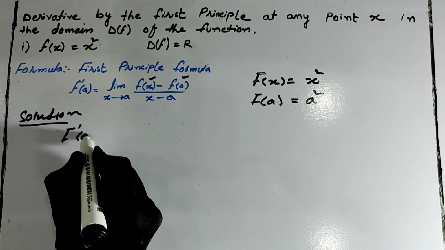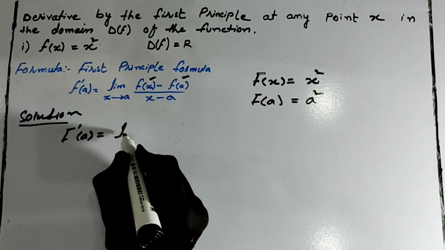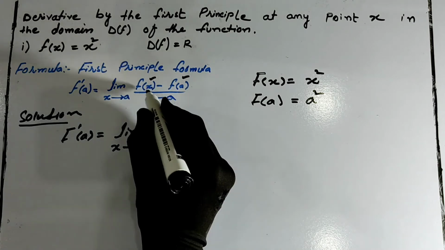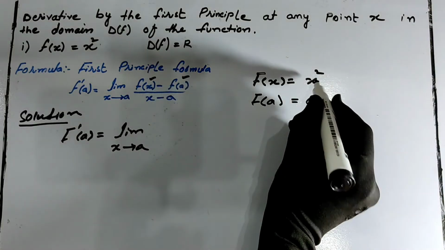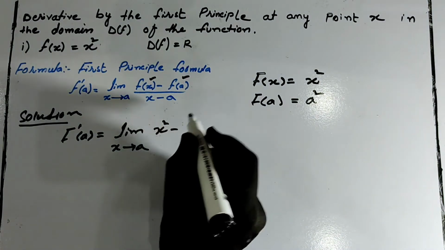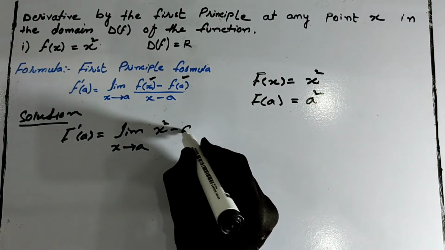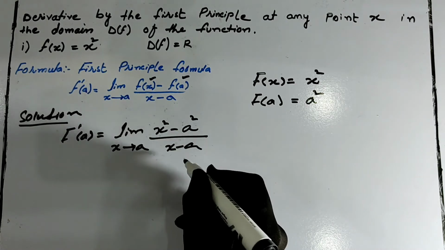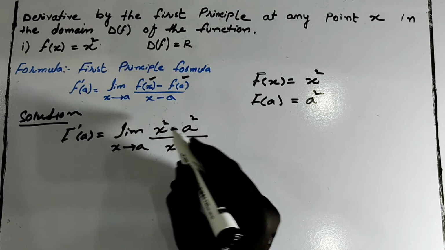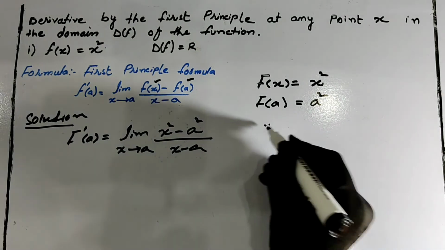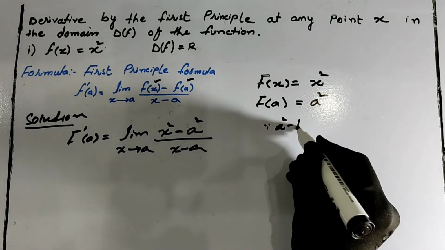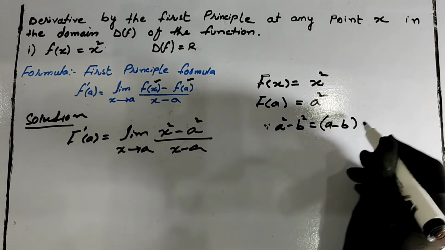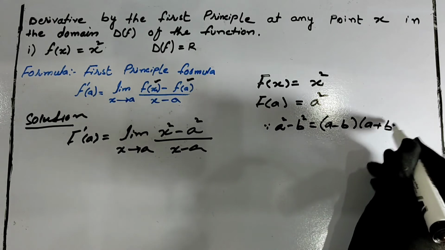F prime a is equal to limit x approaches to a, f of x, x square, minus f of a, a square, divided by x minus a. Here x square minus a square, we know that a square minus b square is equal to a minus b and a plus b.